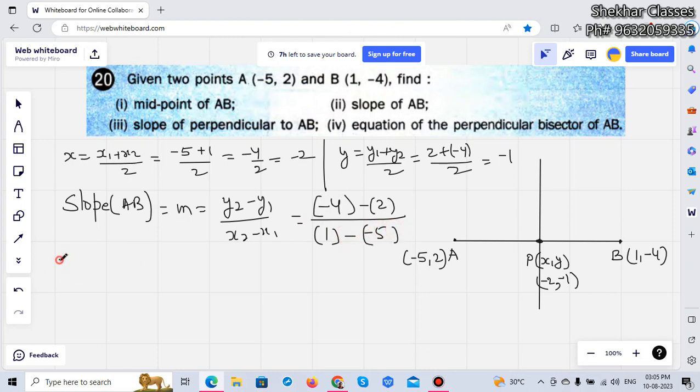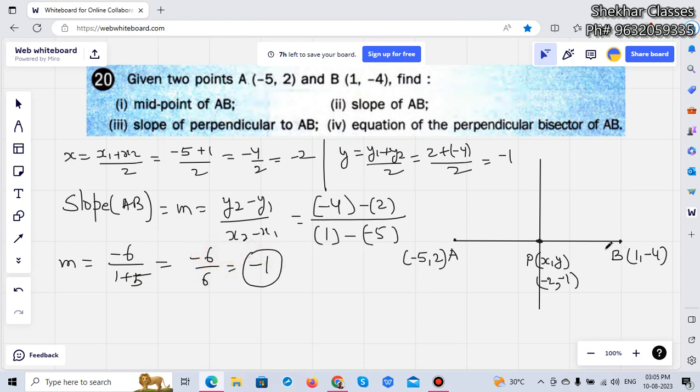Open the bracket. So m here will be equal to minus 4 and minus 2 is minus 6, and 1 plus 5 here is 6. So that is equal to minus 6 upon 6, which is minus 1.